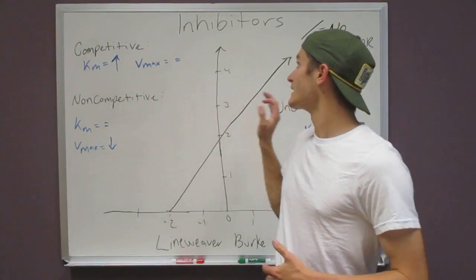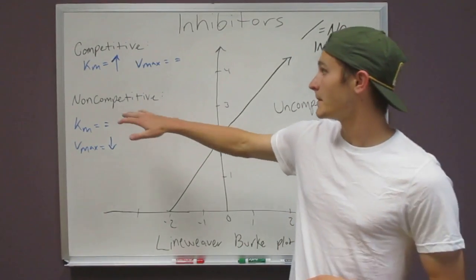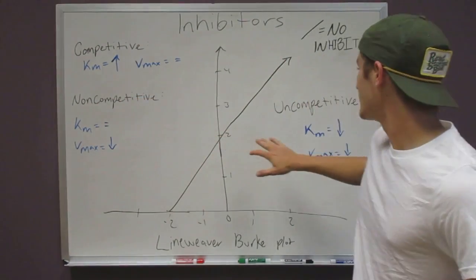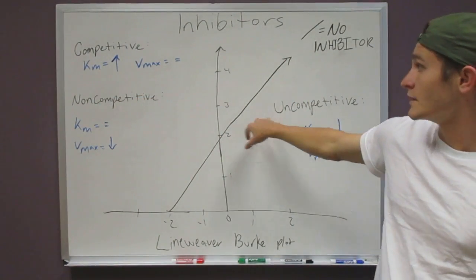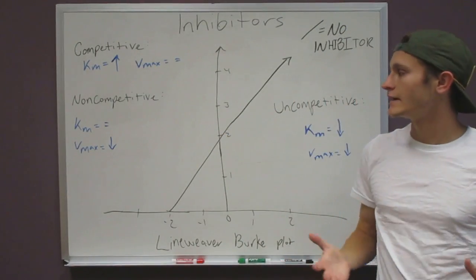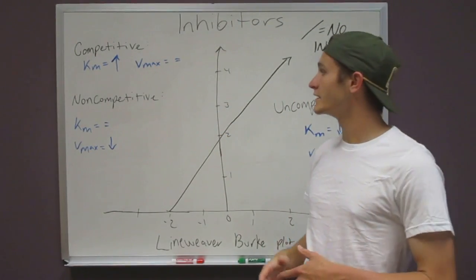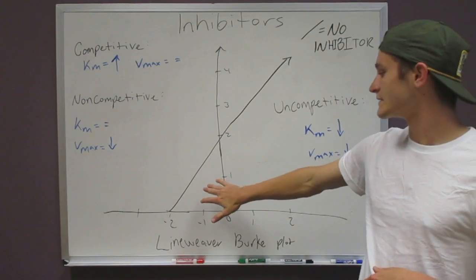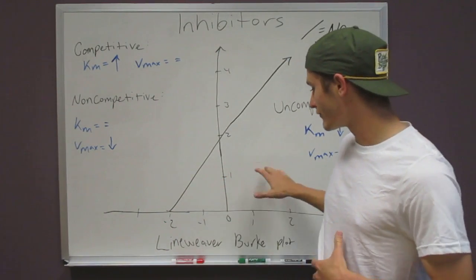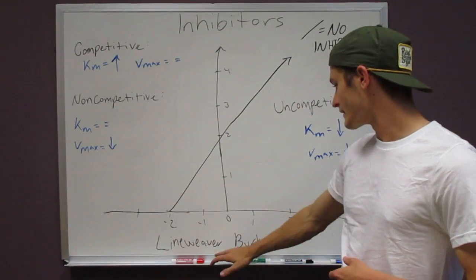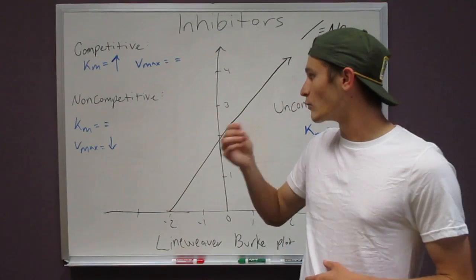There are 3 different kinds of inhibitors that we'll be talking about today: competitive, non-competitive, and uncompetitive. The 3 names can be complicated, can get mixed up. So I'm going to show you guys how they affect the relation and the Lineweaver-Burk plot and what happens.